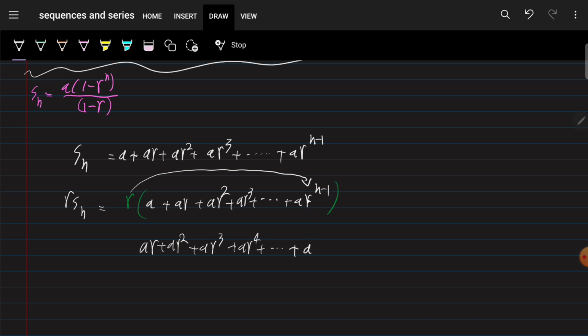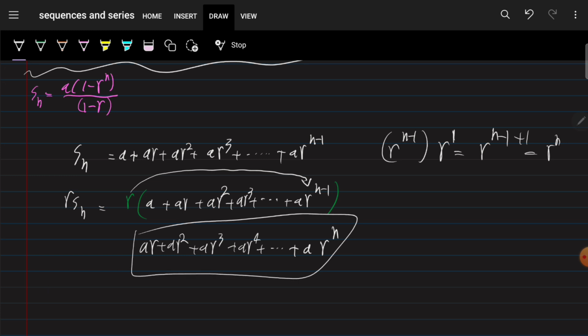R times R to the n minus 1 will be R to the n, right? Using the power rules, if we multiply R to the n minus 1 by R, that's going to be R to the n minus 1 plus 1, which is just R to the n. Okay, so this is what we're going to get.